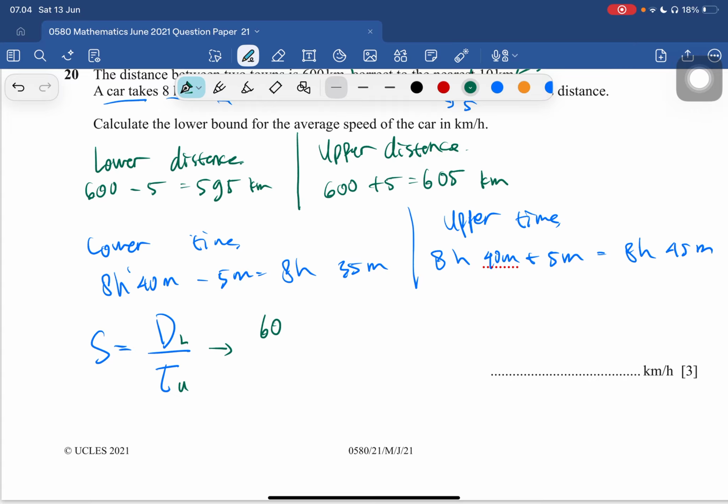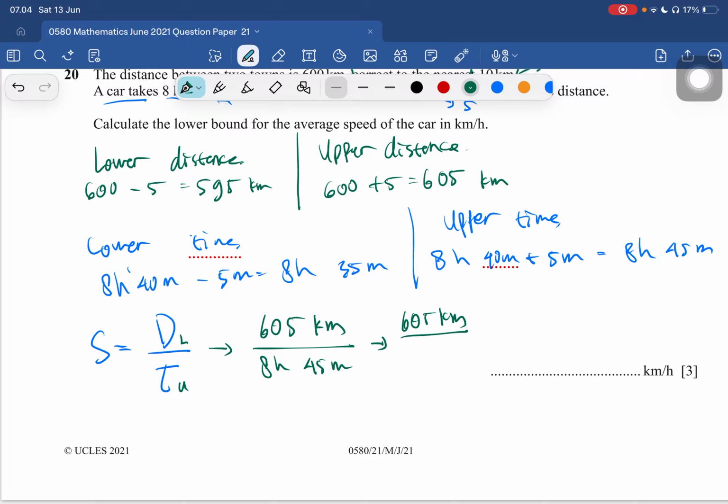So here is 605 kilometers, then we divide by 8 hours and 45 minutes. Let us make it only minutes, so 45, we can divide it by 60. So 605 kilometers we divide by 8.75 hours.